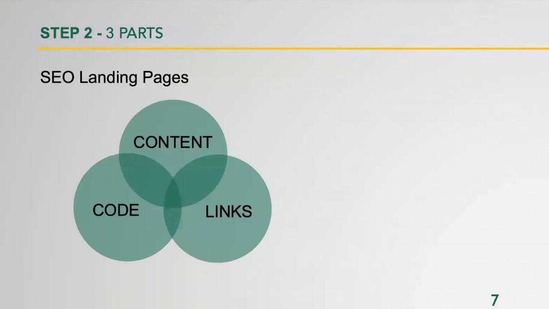The second one is to consider that there are 3 parts of landing pages, especially for SEO. If we're trying to optimize for a page, the three pieces of the page are going to be content, which makes a lot of sense, right? If we think about the 2,500 words and we're trying to give all the information that anybody would need on this particular subject or to help them make a decision, content is very important, but then so is the coding, right?